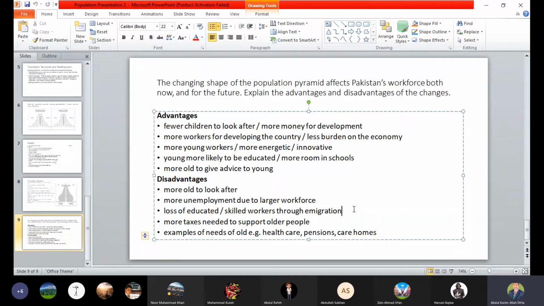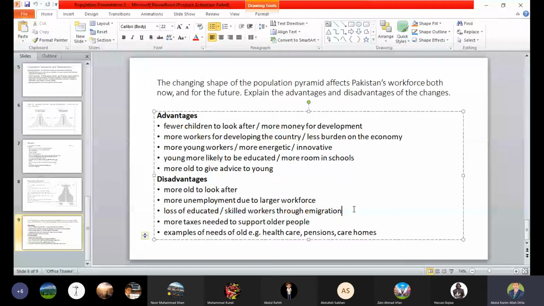So countries are not utilizing their experiences, their education, their skill. So these people are disappointed, my dear. That's why they leave their country and go to other countries, and they help develop other countries. But as they have no chance to develop their own country, we say we have a loss of educated skilled workers through immigration.